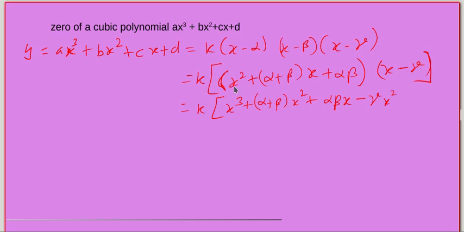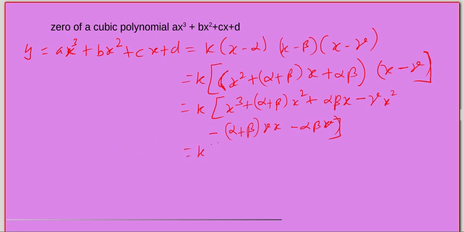Then minus gamma into minus alpha plus beta, that is plus alpha plus beta into gamma x. Next, plus alpha beta into minus gamma becomes minus alpha beta gamma.